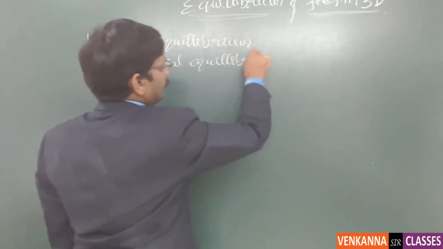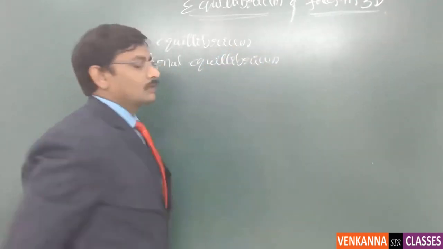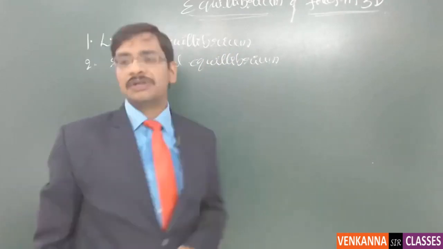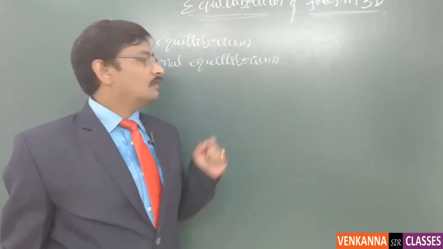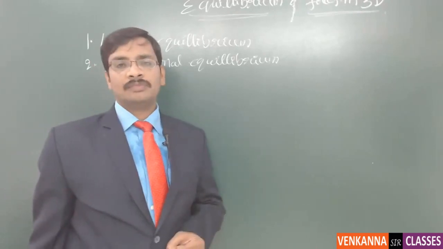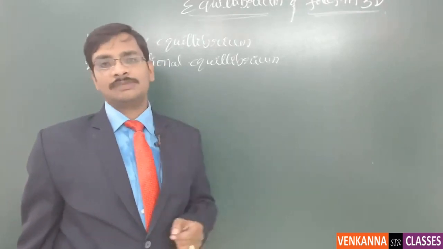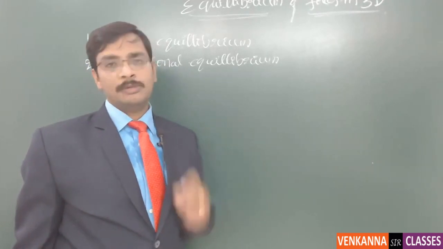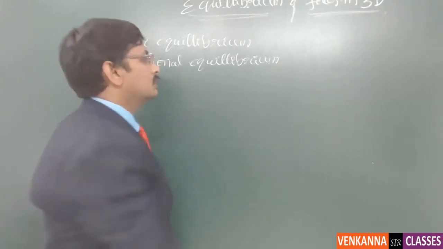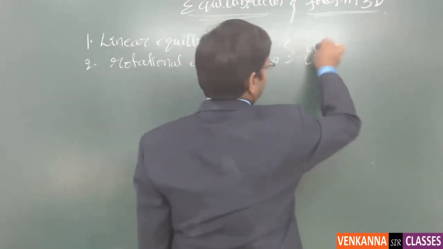If the body is under both linear equilibrium and rotational equilibrium, then we say that the body is under equilibrium condition. Why? Because for any body, there are only two different types of motion possible. One is linear, or it may be rotatory. The third one is the general motion.